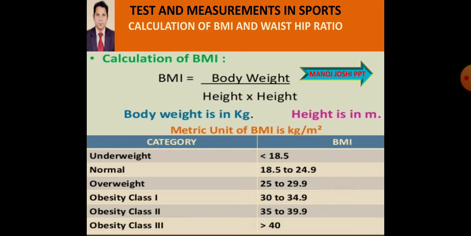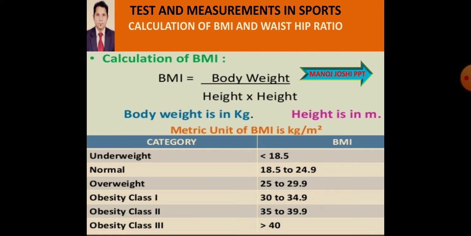By this index we know about the health status of the individual. If the BMI is lower than 18.5, the person is underweight. If it is 18.5 to 24.9, it is healthy or normal. If the BMI is 25 to 29.9, it is overweight.